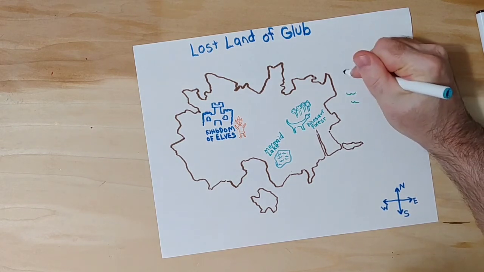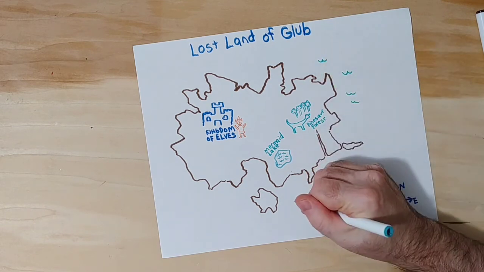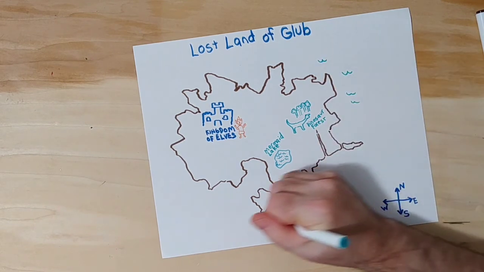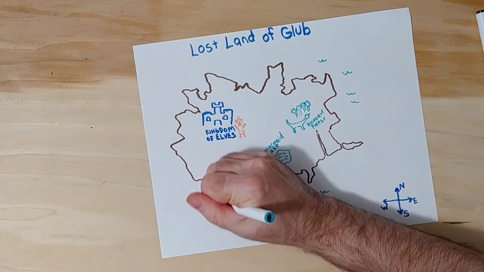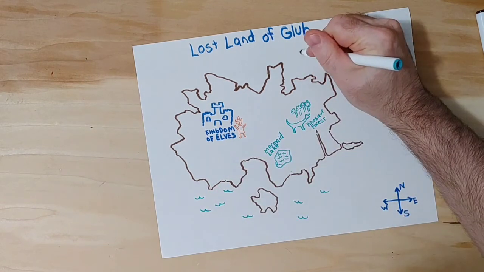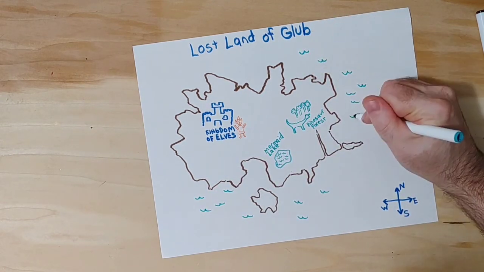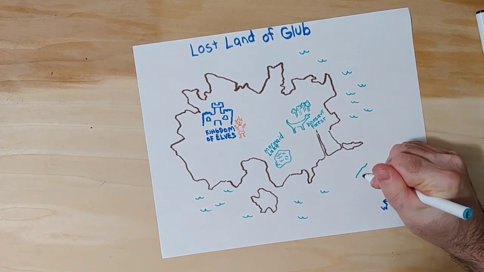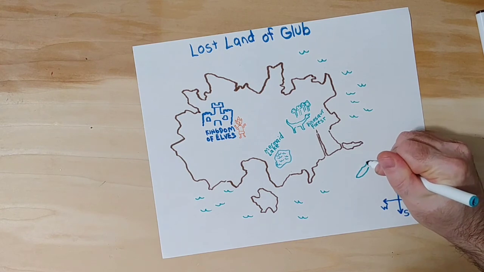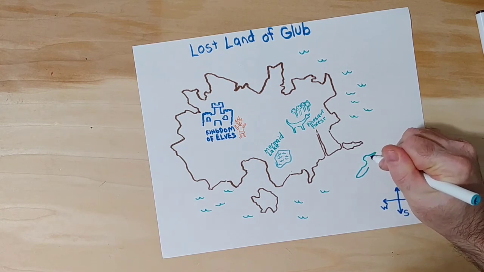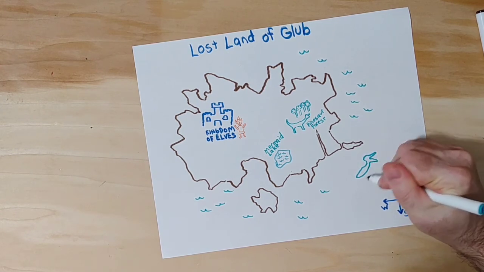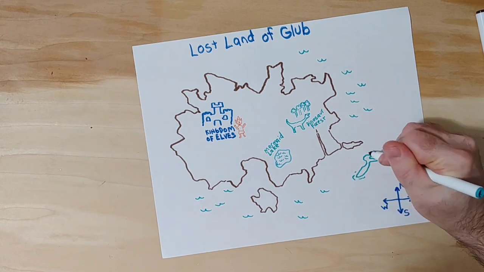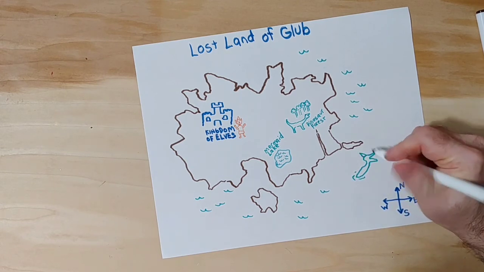Maybe just show that there's water, some little W type shapes. But maybe there are terrible sea monsters that live in the water that scare off travelers.